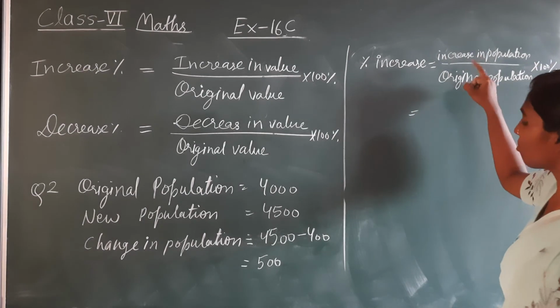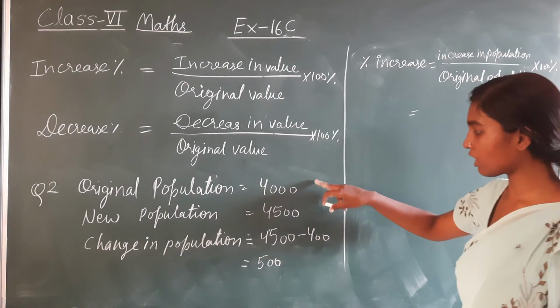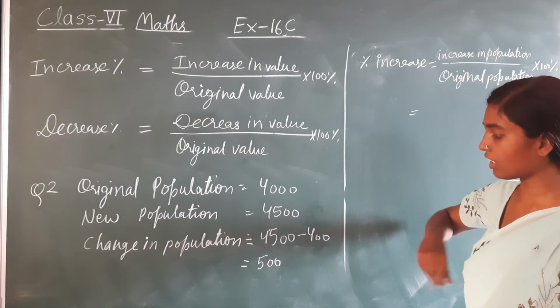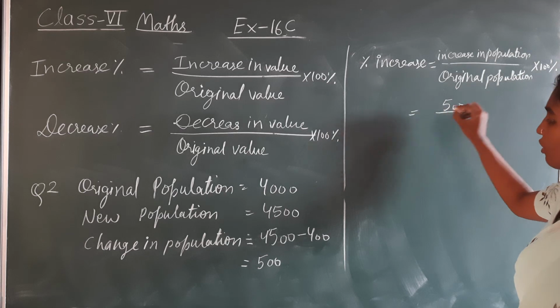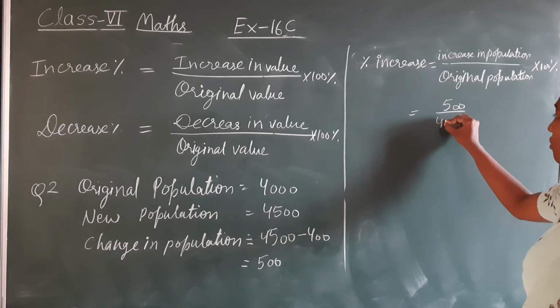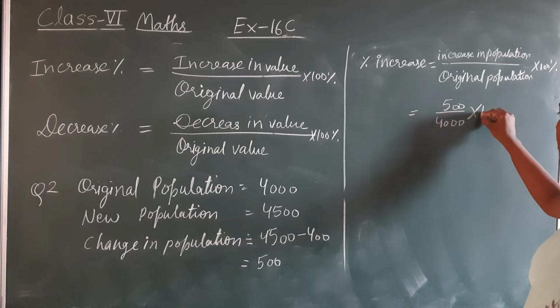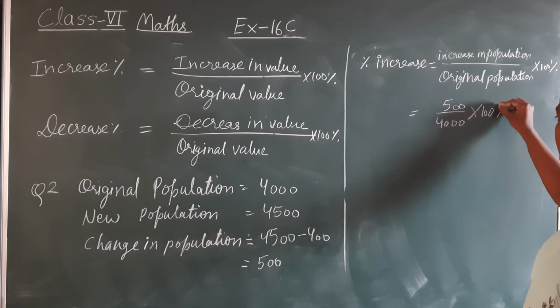Put the value. How much is the population increase? It was 4,000 first, later it became 4,500. How much is the difference? 500. So 500 upon original is the 4,000. So here I will put 4,000 and multiply 100 and here percentage sign.